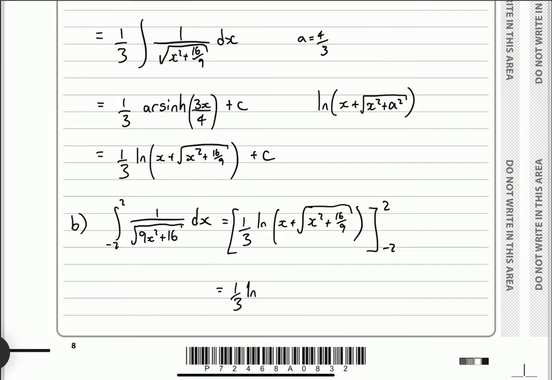So that's a natural log of 2 plus the square root of 4 plus 16 over 9 minus a third natural log minus 2 plus, and then because we're squaring that, we'll get 4 plus 16 over 9 again.